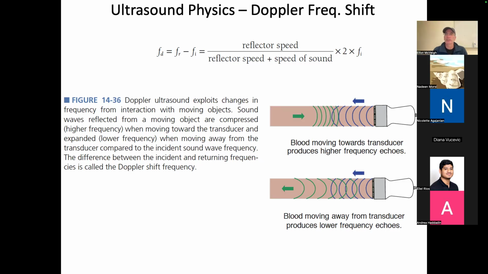So the principle by which this works is you broadcast the ultrasonic signal from your piezoelectric crystal, goes into the sample, reflects off surfaces in the sample. In this case, it's going to reflect off erythrocytes in the blood.